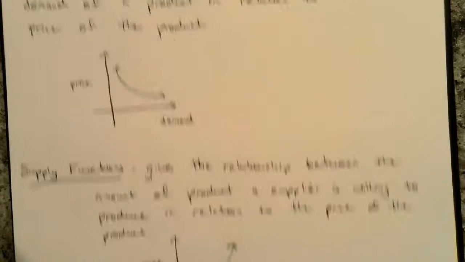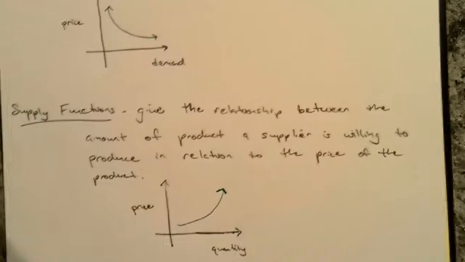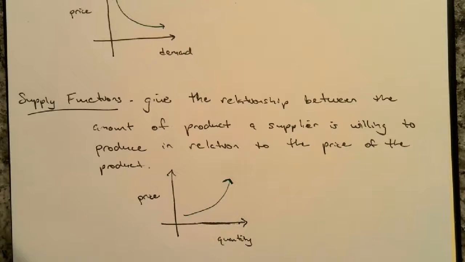So, this is just an introduction. Later in the course we'll do a little bit more with this, but one of the things that we look for is what they call the equilibrium point.